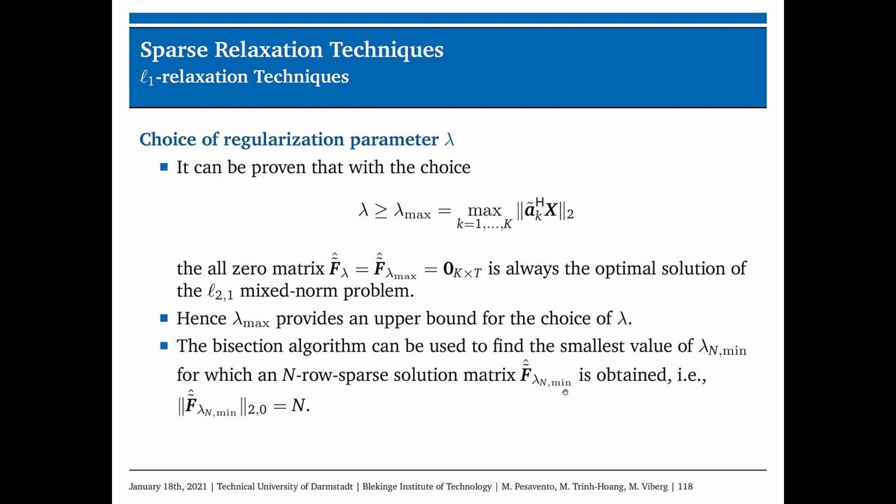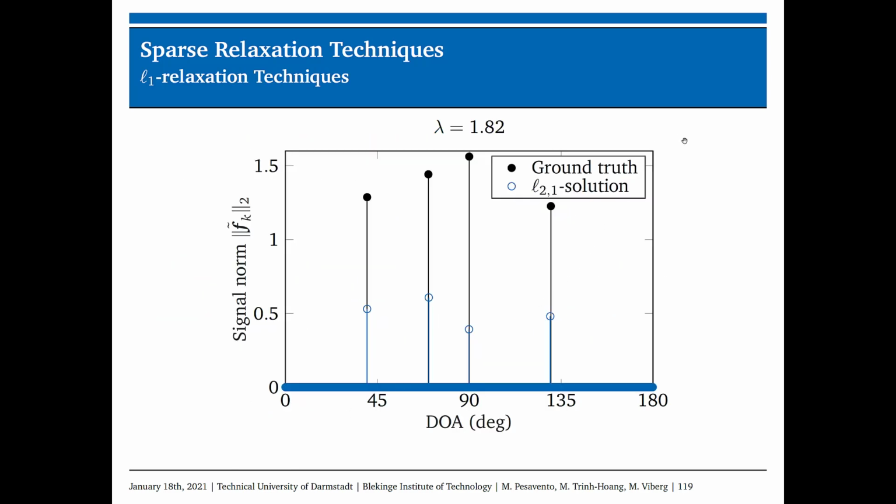That is a solution with a row norm of F tilde being equal to n. Then we obtain DOAs from the support of the row sparse matrix F tilde hat. Those are the directions in the dictionary that correspond to the indices of the non-zero rows of our estimated matrix F tilde.